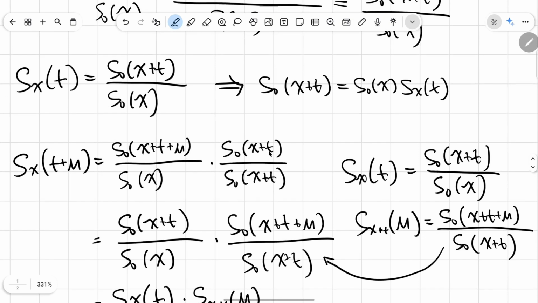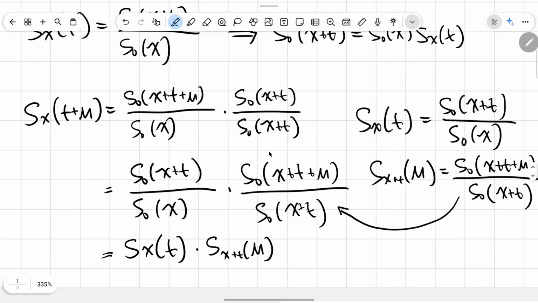So now we have created a general form for the survival function.